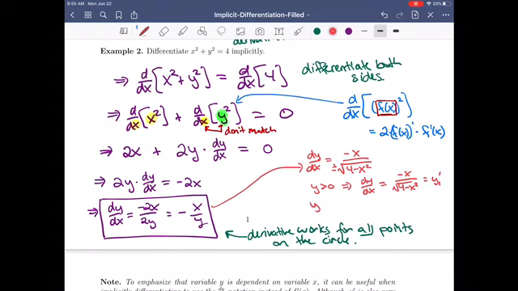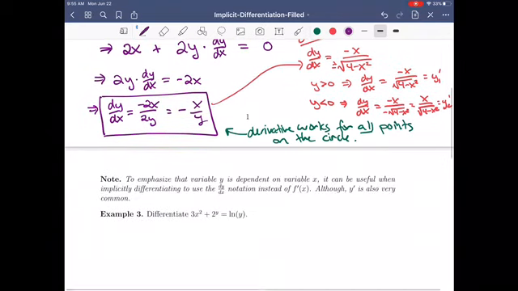When y is negative, I get dy dx is negative x over negative square root of 4 minus x squared, so this is positive x over the positive square root of 4 minus x squared. That was y2 prime. So it matches for both the positive y's and the negative y's. This one formula will work for all points.